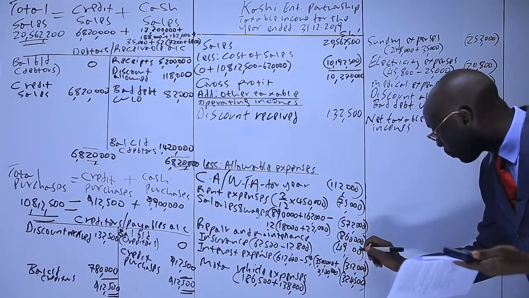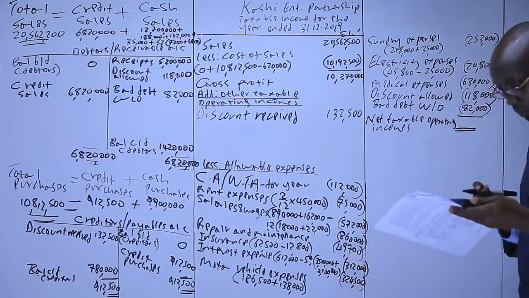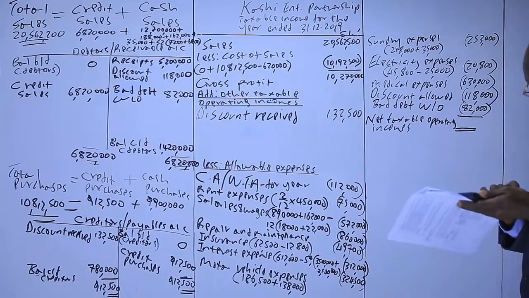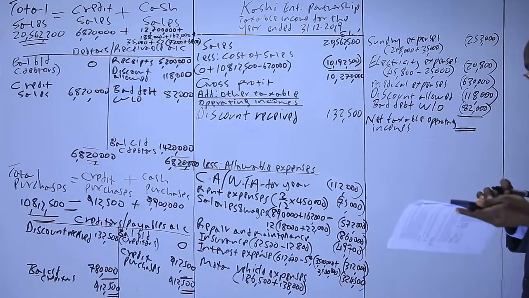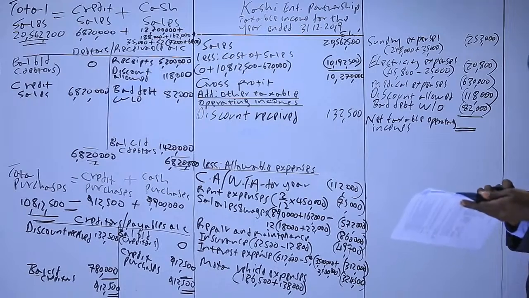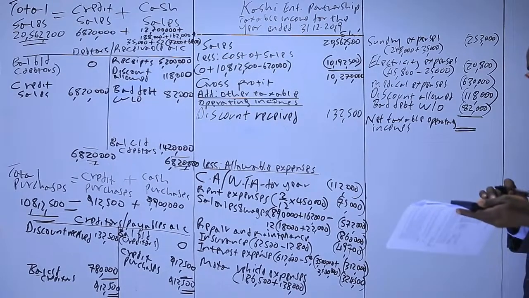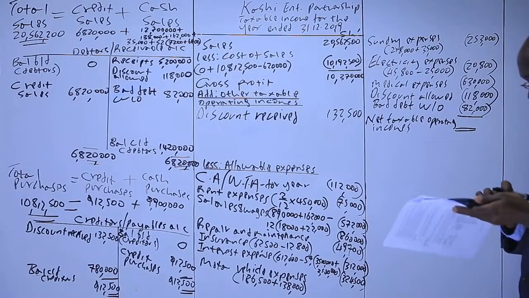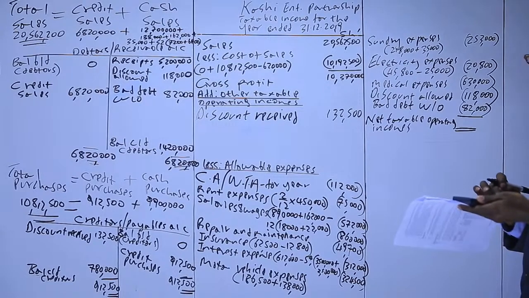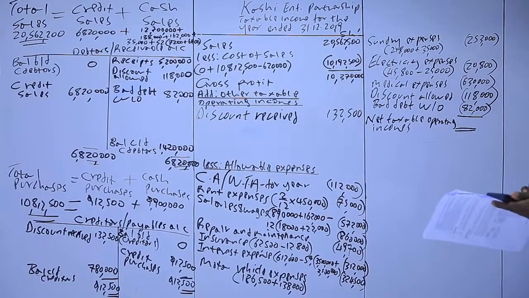Remember this was 7. 49,700 minus 312 minus 324.5 minus 253 minus 2,800 minus 630 minus 118 minus 82,000.